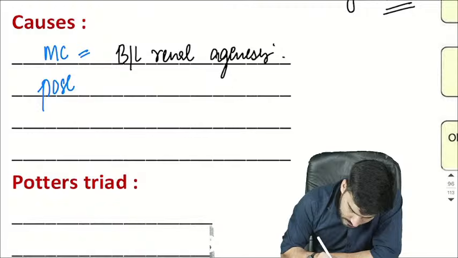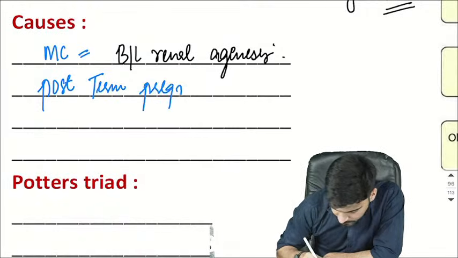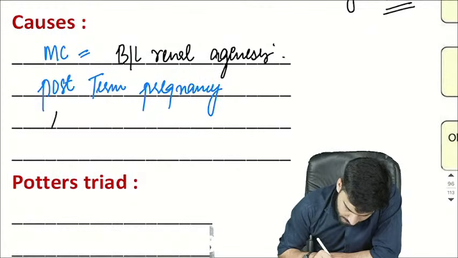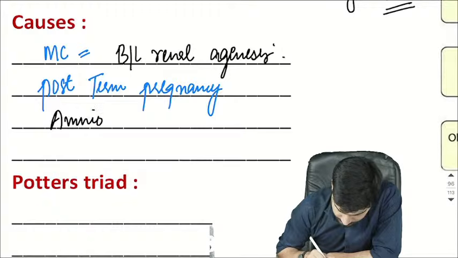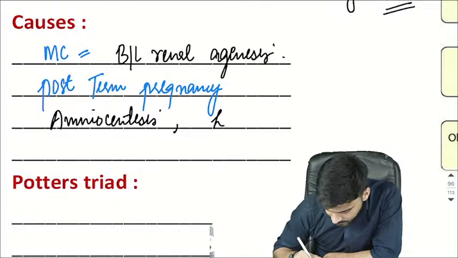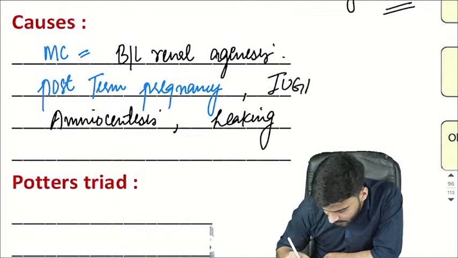Post-term pregnancy. The other cause will be amniocentesis. If we go for diagnostic amniocentesis, it will be related to the leaking as well. It will be related to the IUGR as well.